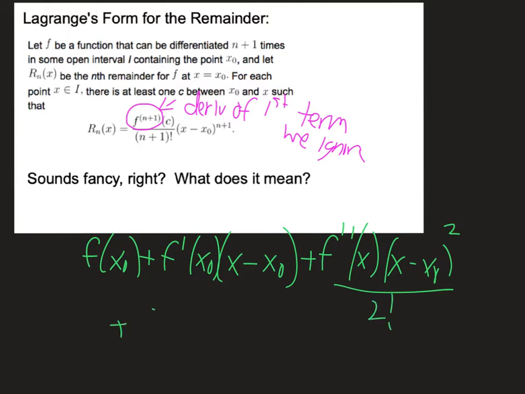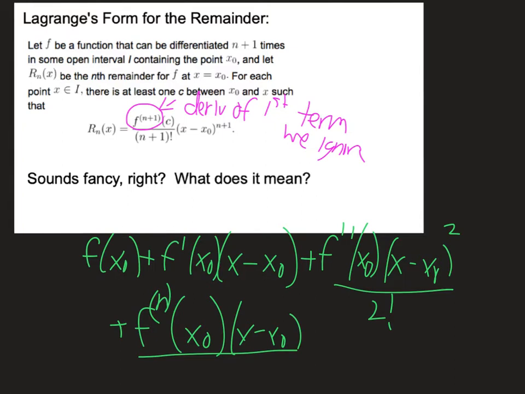And then the general term was the nth derivative of f at x naught, times x minus x naught to the n, over n factorial. So that's kind of the general term. Notice that this just looks like the term right after that, the n plus 1 term. So that's what I'm talking about.